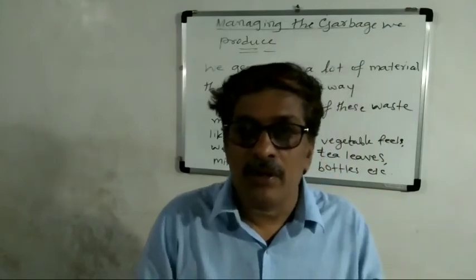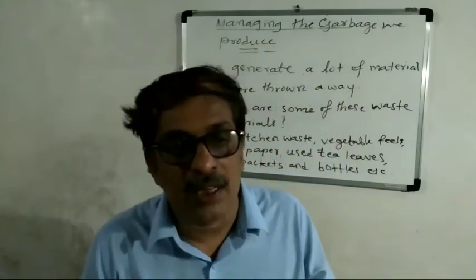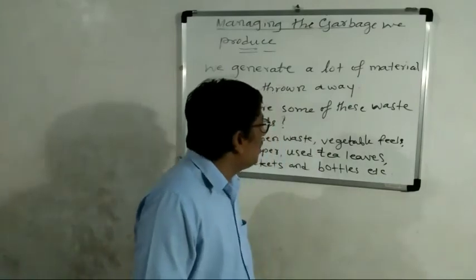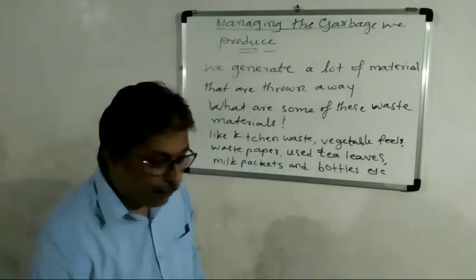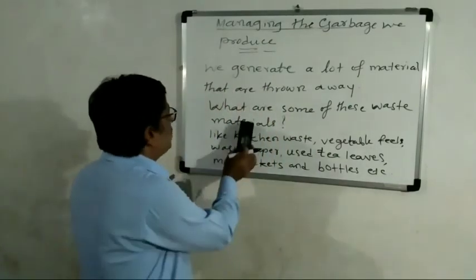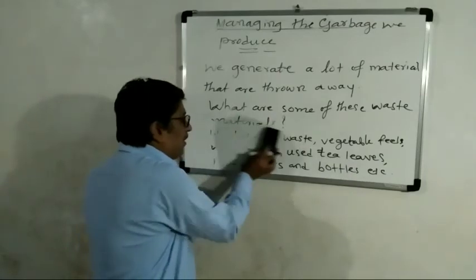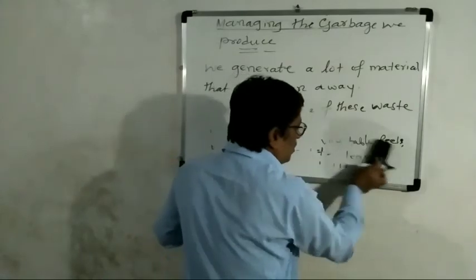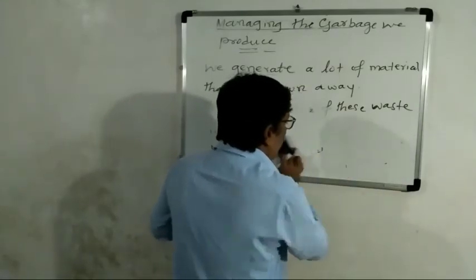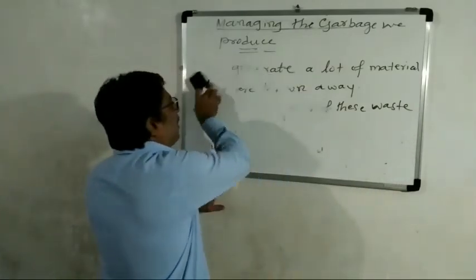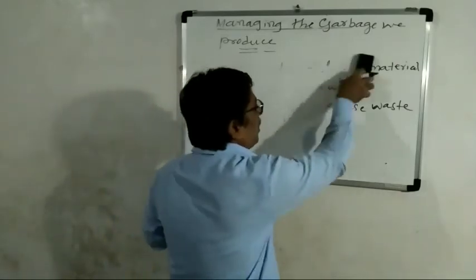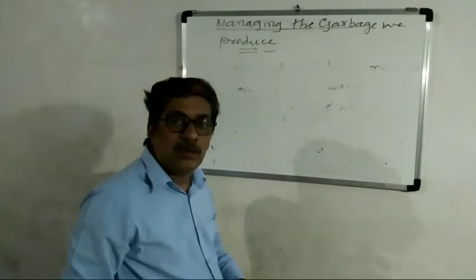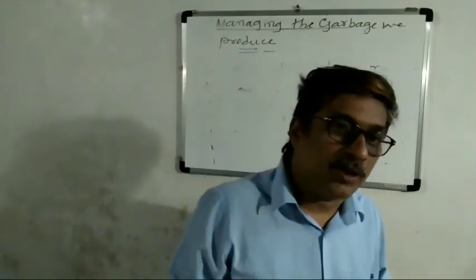Some of the substances which are easily broken down by microorganisms are called biodegradable waste. And some of the items or substances which do not decompose by microorganisms are called non-biodegradable waste.